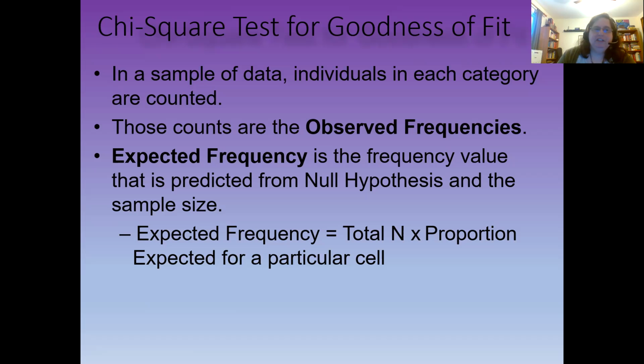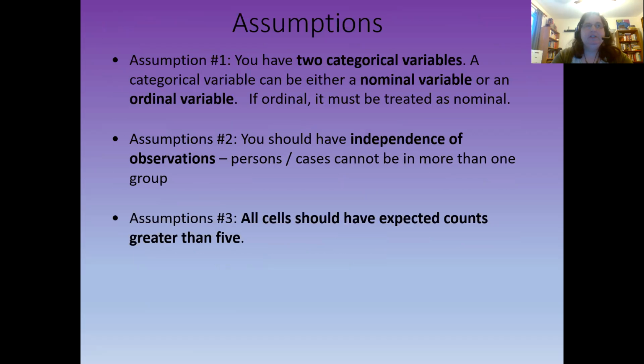Okay, all right. And so expected frequencies, if you're starting to wonder, they don't have to be whole numbers. Even though I know we're talking about counts of people, expected frequencies can work out to be in decimals. Okay. So now that we talked about that piece, let's get into our assumptions. First assumption, you have 2 categorical variables.